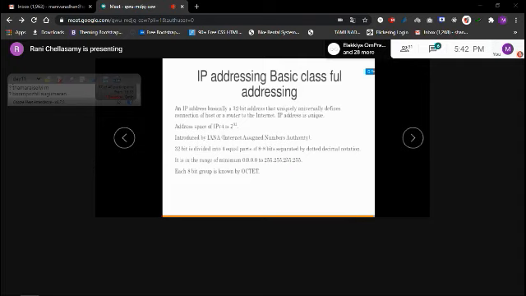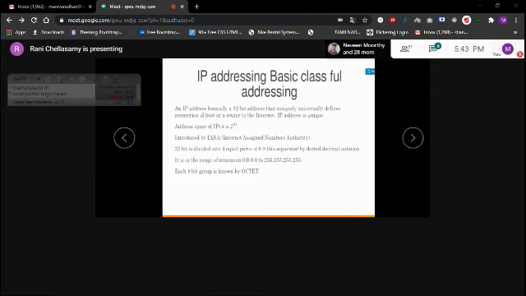Each 8-bit group is called an octet, and one octet is 1 byte. So an IP address is in the format of 4 octets, or 4 bytes, or 4 8-bit representations.